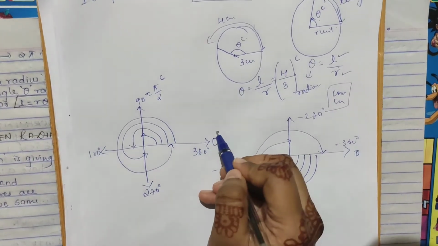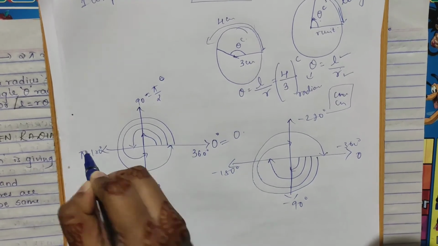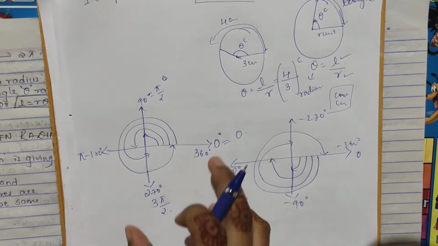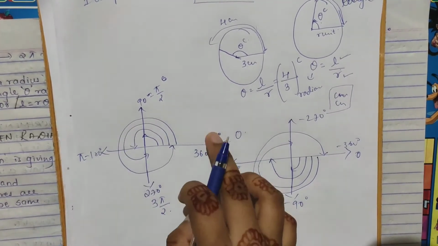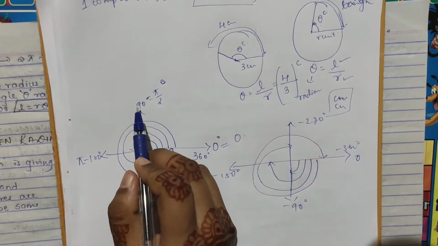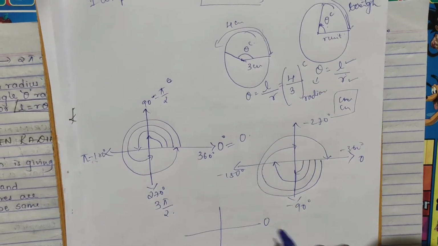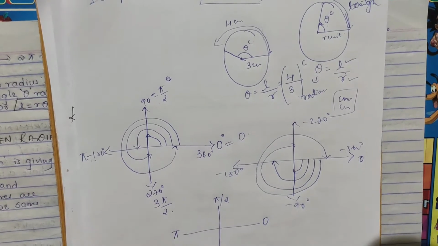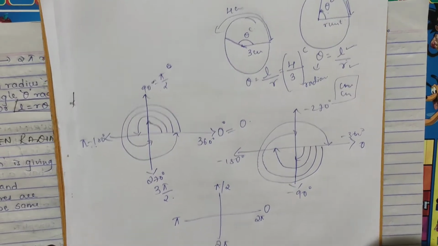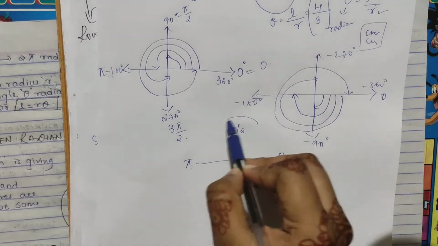Directly I can write this as 0, this as pi by 2, this as pi, and this as 3 pi by 2, and here one more it will be 2 pi. So 0, pi by 2, pi, 3 pi by 2, 2 pi. So you can understand this is in radian.